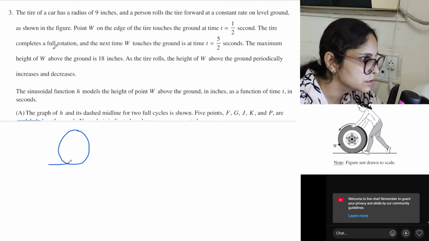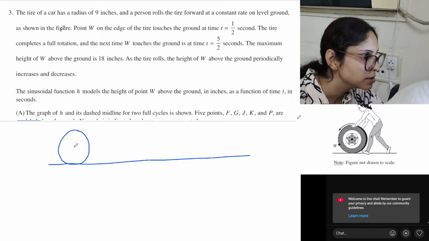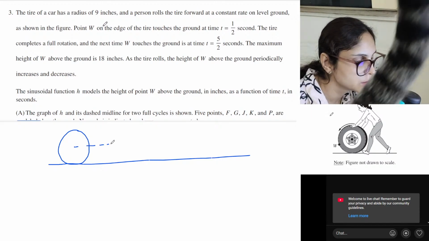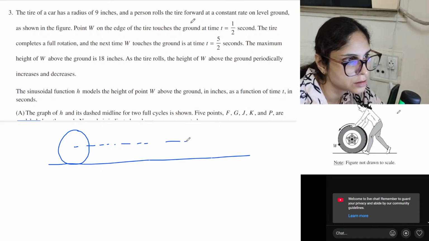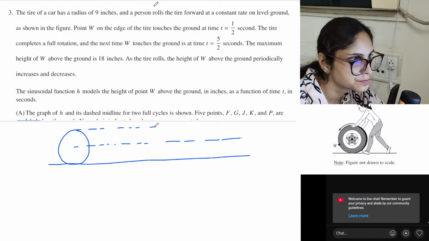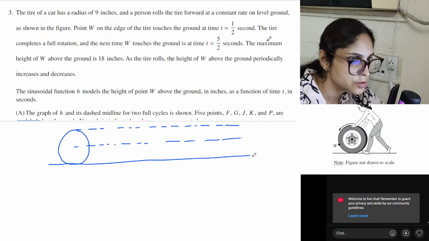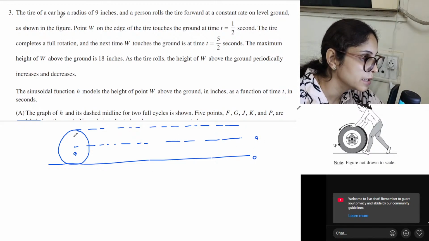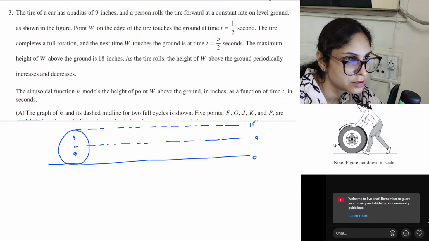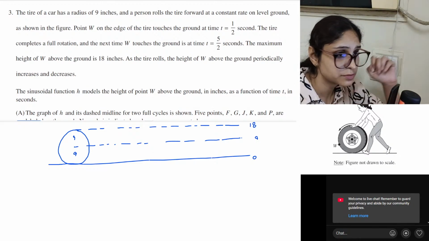This is your circle, this is the ground. This is the center point. And this is the maximum it can go. Alright, this is 0. This is 9 because the radius is 9 inches. And this is another 9 which is 18 because the diameter is going to be 18 inches.